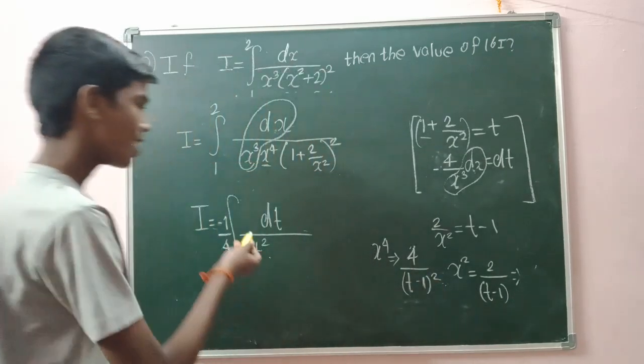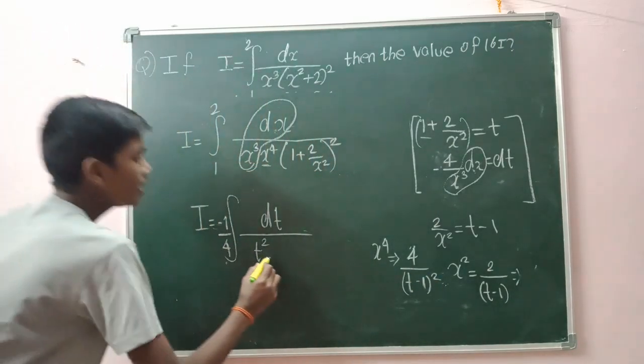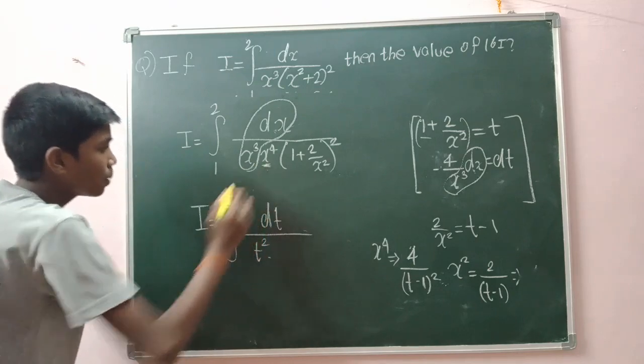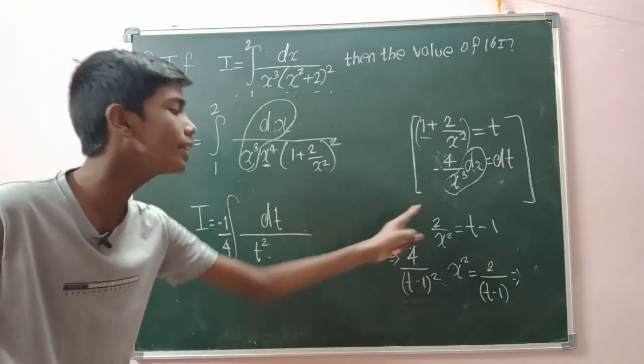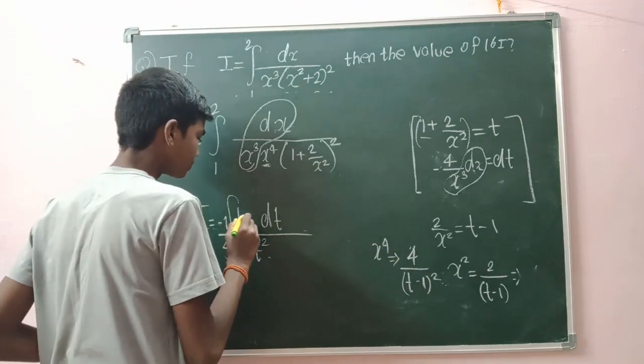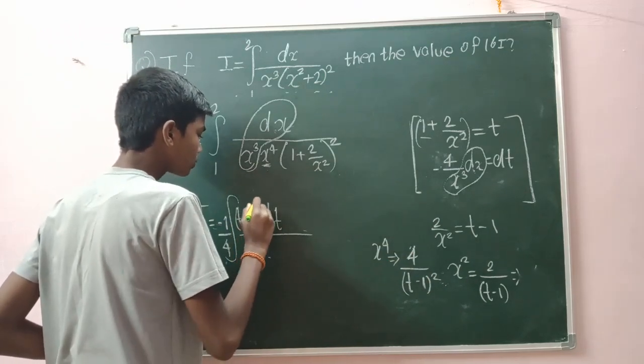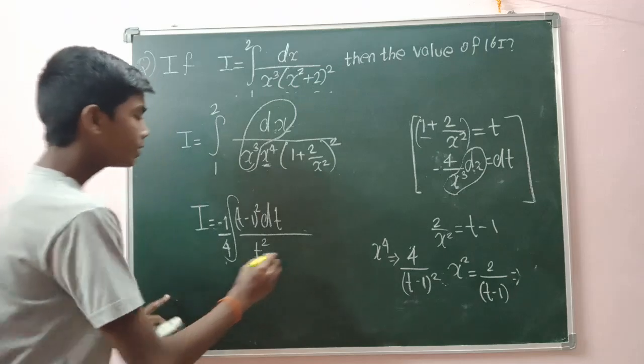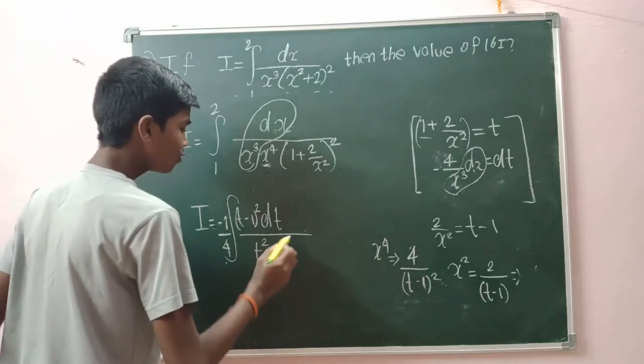Correct now? And that is what I am going to do here. So here, instead of writing this x power 4, I will write it as 4 by t minus 1 whole square, take it to the numerator. So therefore, I get t minus 1 whole square into t square into 4.